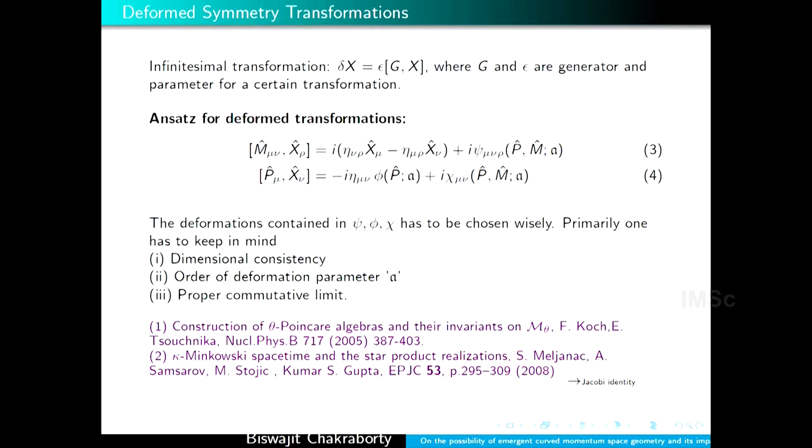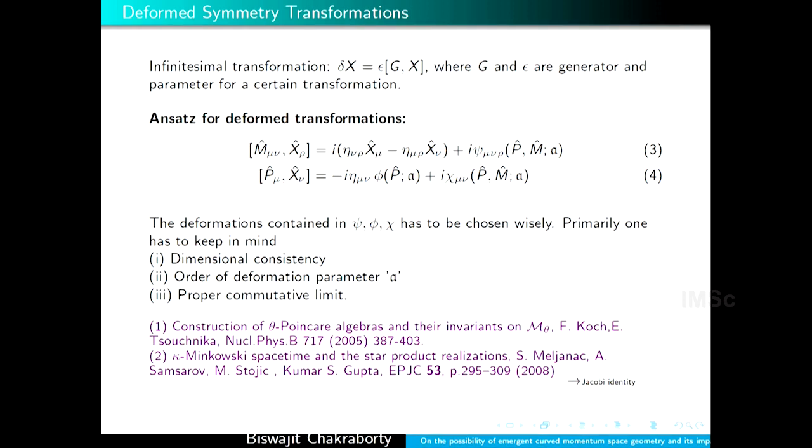So we are revisiting this problem. Again, the results are already existing, but they are scattered in the literature in various ways. So we have tried to derive it in our own way using the template of this paper, mainly this reference 1, Koch et al. They have done it for the Minkowski case. It was a long calculation. I just made a quick review of the work.